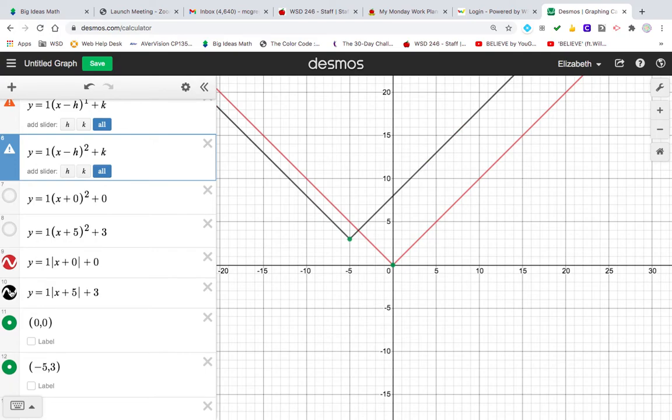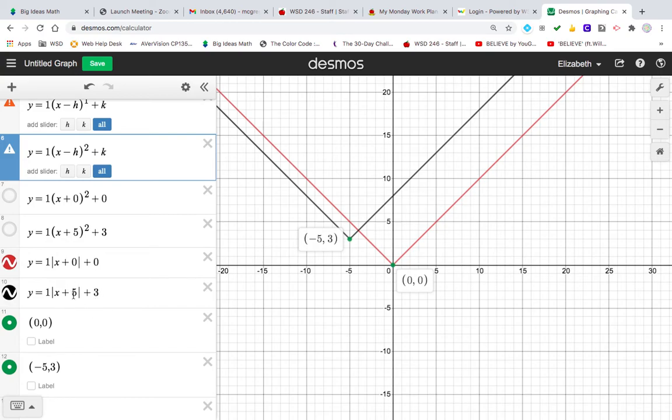Okay, so my parabolas were U-shaped, and so I'm going to put these back in here just for a second. So I had these U-shaped parabolas. And then when I change the parenthesis and the power of 2 to just absolute values, I get these V shapes. But I still have my (0, 0), and I still have my (-5, 3) because I have my 0 and that 5 and 3.